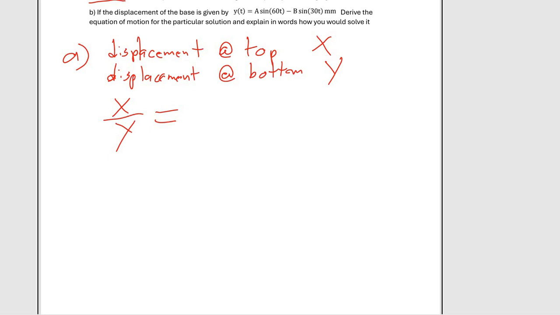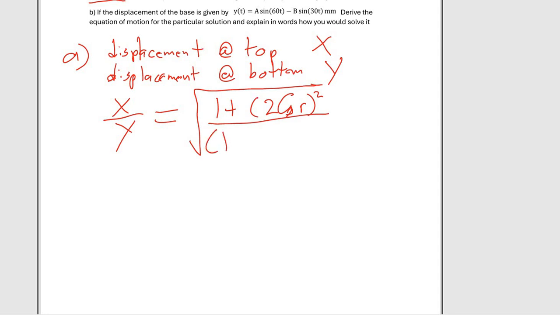And we know that for the transmissibility, it is given by the general equation, which is square root of 1 plus bracket 2 zeta r, squared, all over bracket 1 minus r squared, also squared here, plus 2 zeta r squared. This is zeta, it's not a c.